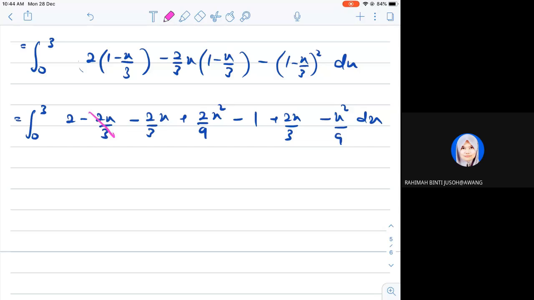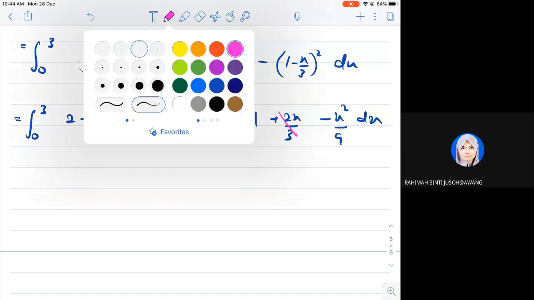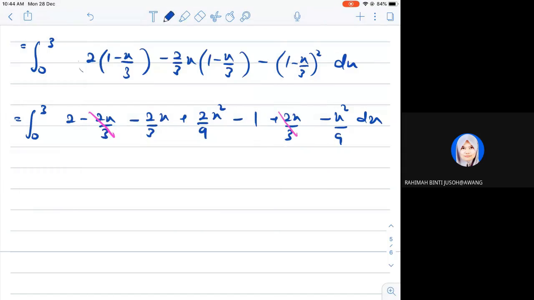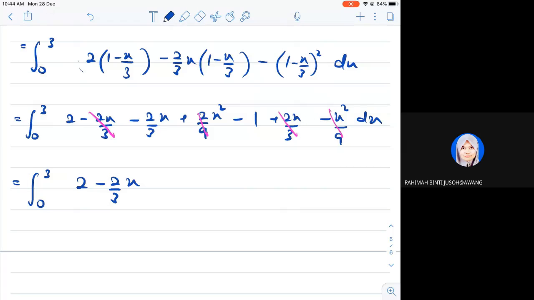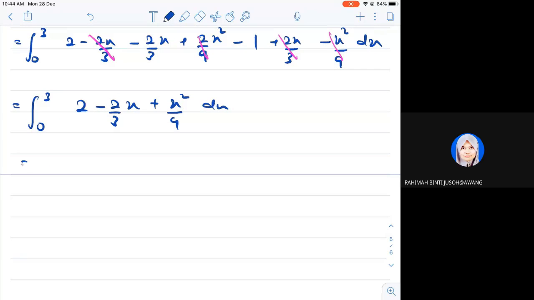Negative 2 over 3x can be cancelled here. So we will have 2 minus 2 over 3x, and then 2 over 9x squared minus x squared over 9 leaves us with plus x squared over 9, like this, dx.